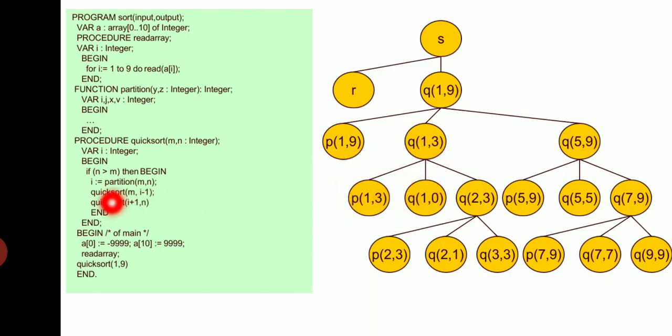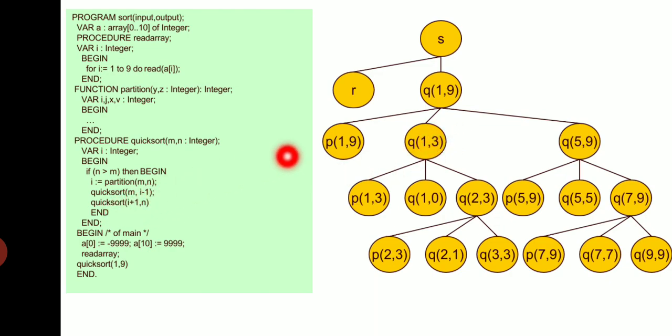That means i is equal to partition of m comma n. When it goes for 1 comma 9, it will be returning some value, 4, and it will be using that i minus 1, that is 4 minus 1, 3, that is this 3 here.